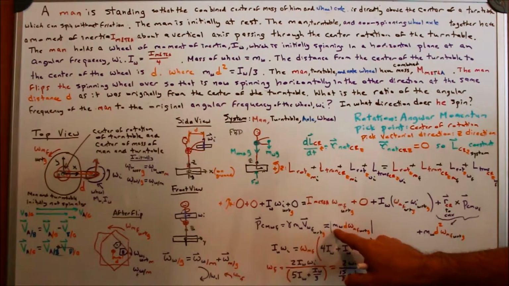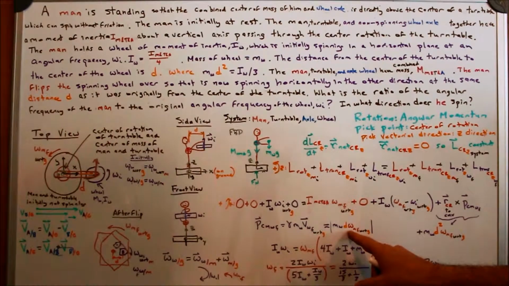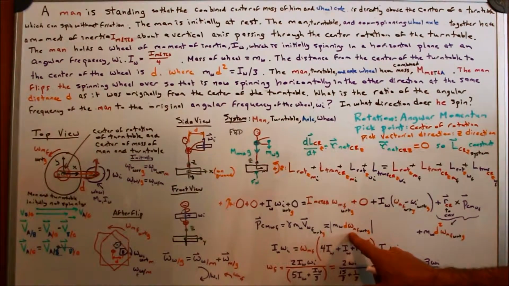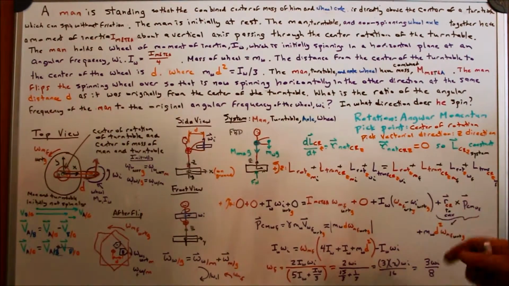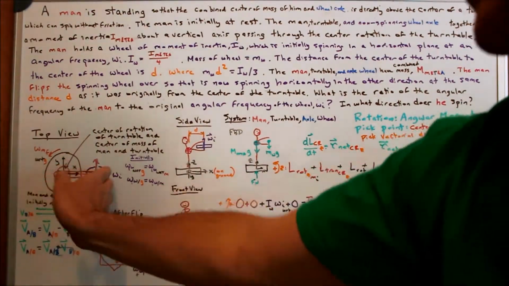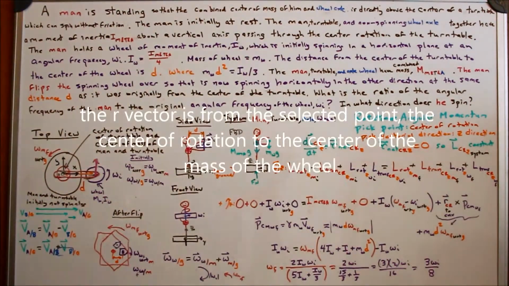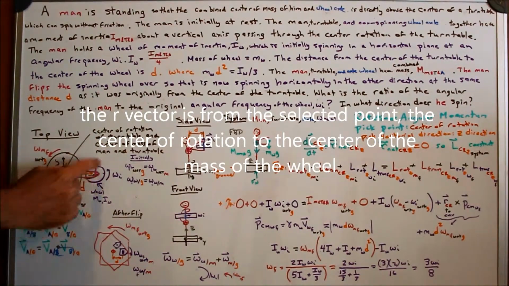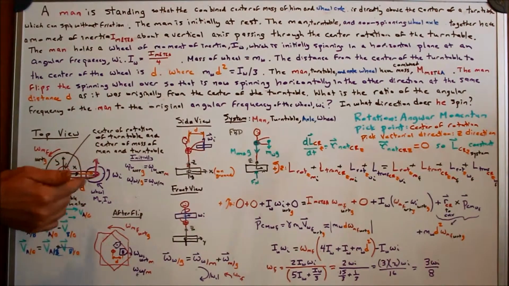Okay, so the mass of the wheel times d. The velocity is d times the angular frequency that the center of mass is going. So r cross that. r is in this direction, going from this point to here. Velocity is here, so that's going to be a positive term. You can think about a particle spinning around the center as going in the positive z direction.